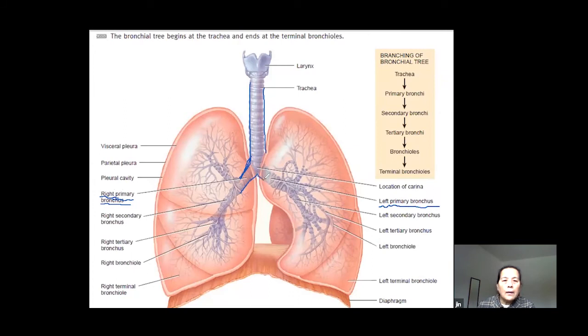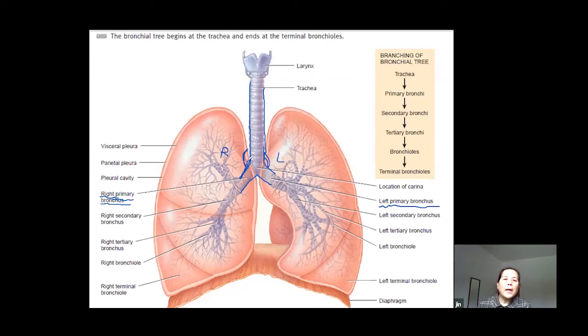So basically, it's this part. You can see the angle here is a little bit different. The angle here compared with the angle here: the right side is bigger, the left side a little bit smaller.